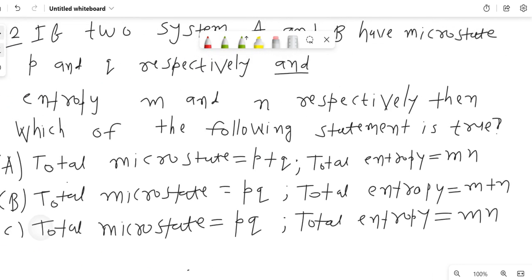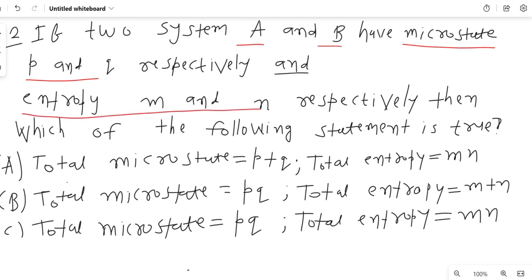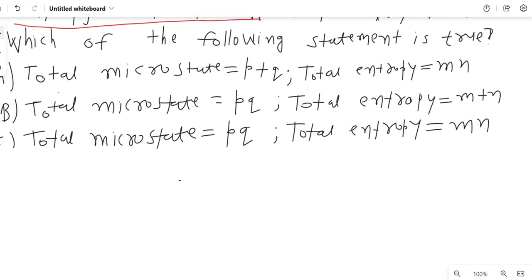In the second question, which is from statistical mechanics, we are asked: if two systems A and B have microstates P and Q, and entropy M and N, then what are the total microstates and total entropy?